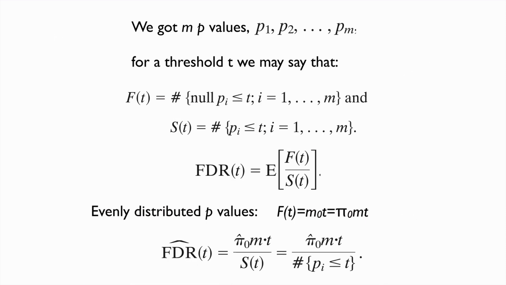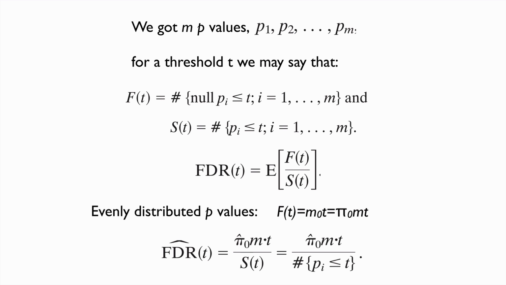Say that we have a stream of p-values from p1 to pm. It will be desirable to build up a function F(t), which is the number of null statistics below a certain threshold t.